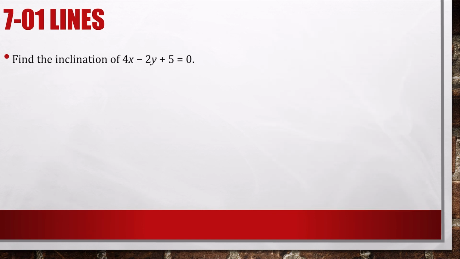So let's find the inclination of this line. To do that, we need to find the slope. So let's solve it for y. I'll subtract the 4x and the 5. Then I'll divide by the negative 2, so we'll get y equals 2x plus 5 halves.